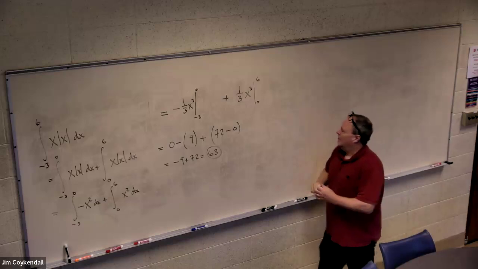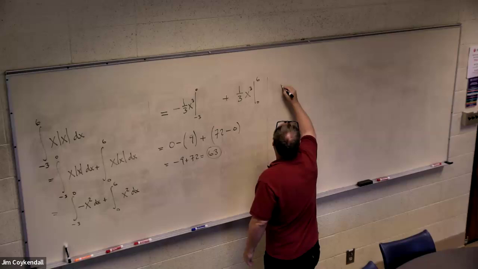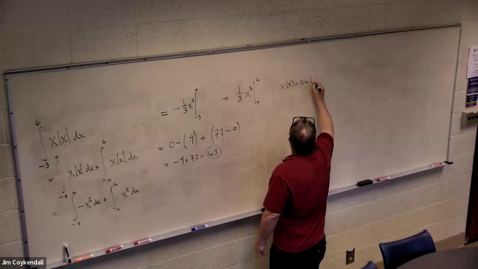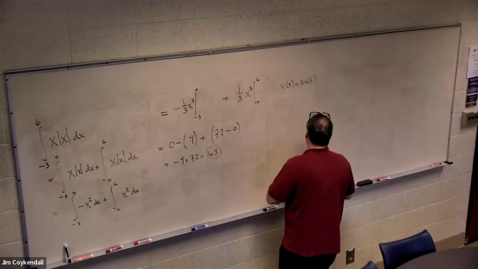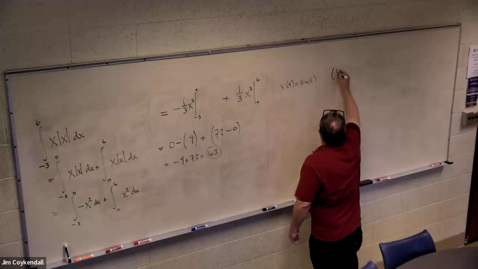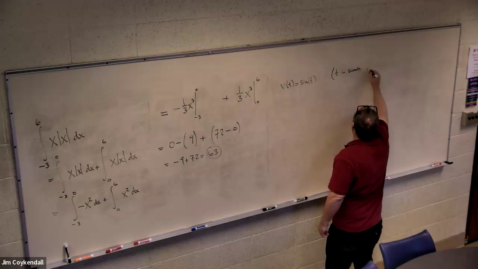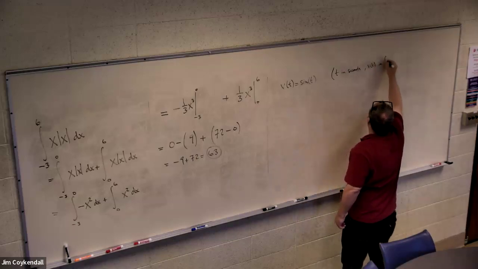You had one of the quiz problems. You had the velocity of some particle, sine t, where t was in seconds. v of t was in feet per second.